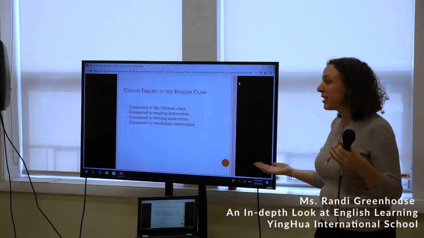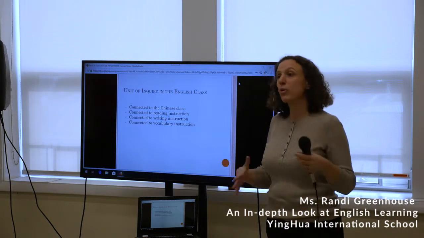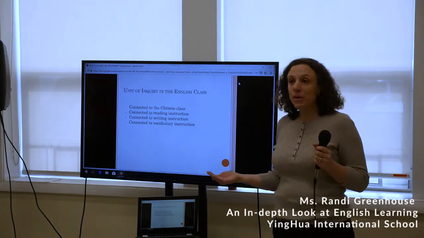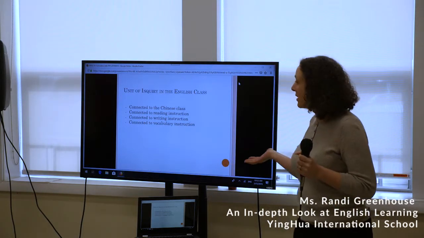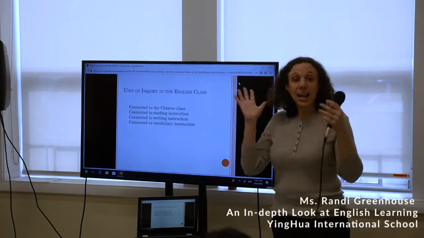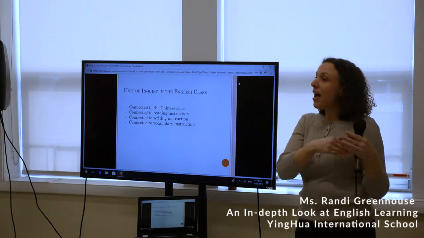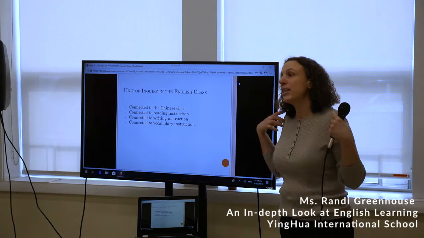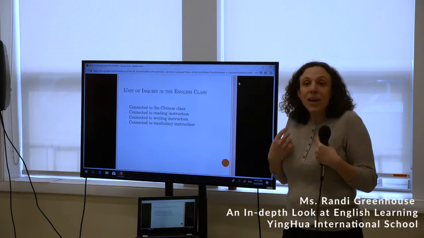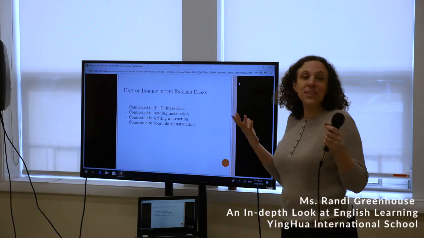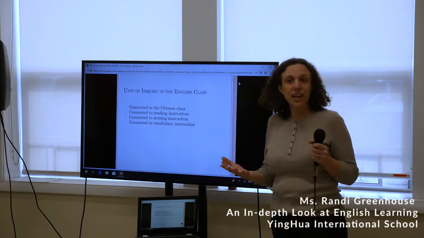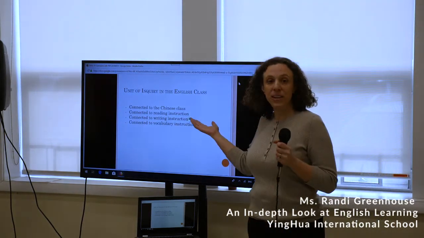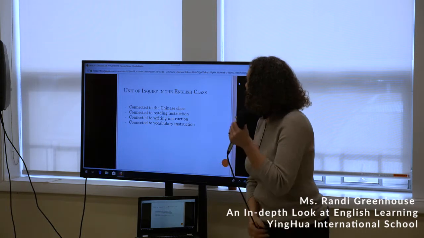So by exposing kids to all of these different units of inquiry and all of this different vocabulary, as they go through the grades and all these wonderful units, they're filling in, and even in Chinese when they're younger, before they start learning English, they have all this background information so that they come to their reading with understanding of this topic. So giving them that knowledge and helping them construct that knowledge for themselves is a major benefit of this unit of inquiry approach.